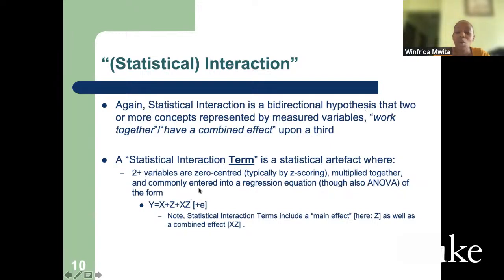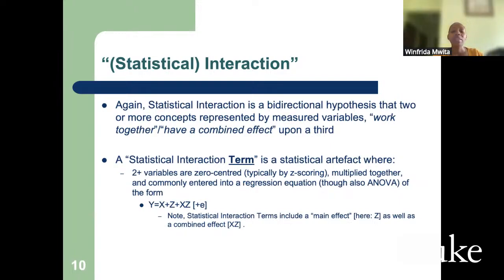When I say combined effect of two variables, in this equation, assuming Y is your outcome, X and Z are your predictors, I mean the combined effect of X and Z. So in the examples I was giving about level of loneliness, with social media being a predictor and age being a moderator, when I'm talking about statistical interaction, I am not defining any variable to be modifying the effect of the other. I am talking about a combined effect.